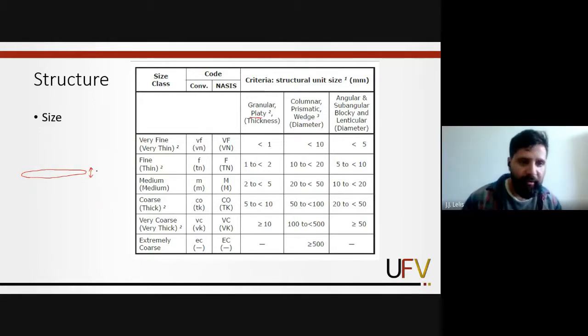So, okay, they have something like 3 millimeters, and I can see that it is a platy structure of medium size. A platy shape in a medium size. So first of all, you should describe the type, and after that, you should describe the size of this structure.